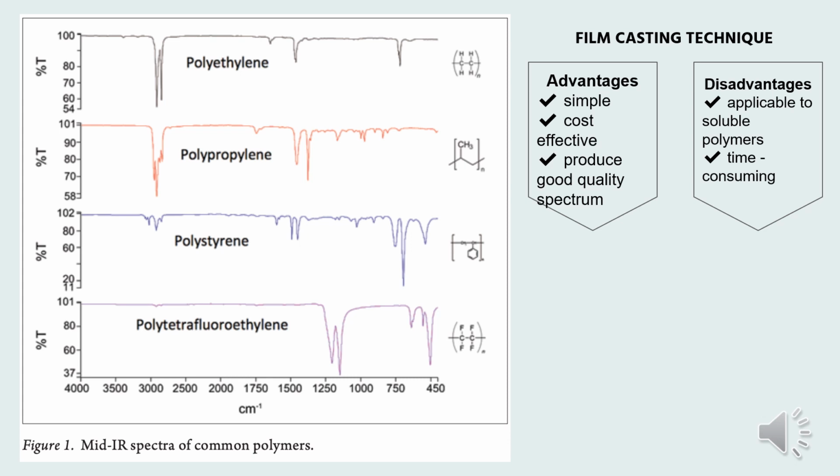The picture in this slide shows the IR spectra of several other common polymers other than polystyrene, which include polyethylene, polypropylene, and also polytetrafluoroethylene. In polyethylene and polypropylene, there is a CH stretch region around 2950 cm-1.